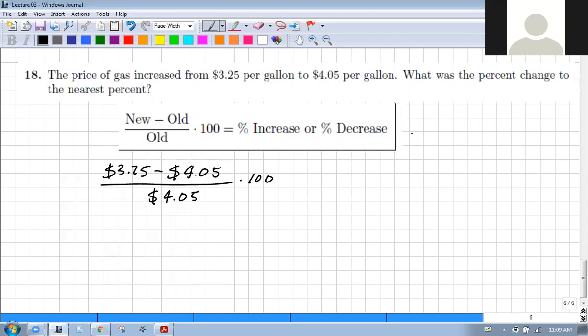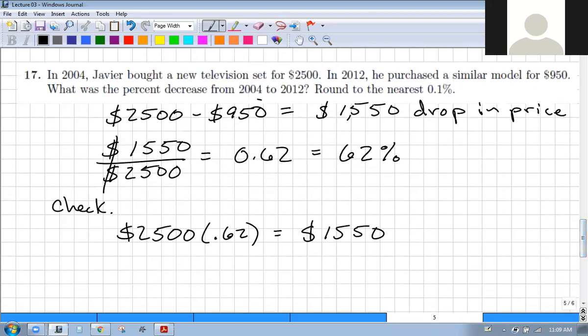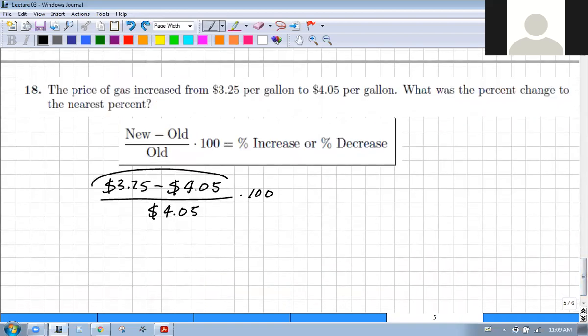So this is just mindlessly using the equation, right? It's the same thing we did up here in this one. We just subtracted first and then divided that difference. So that's what we're doing here. We're finding out the difference and then dividing it by the whole.